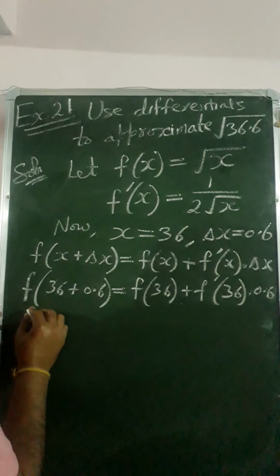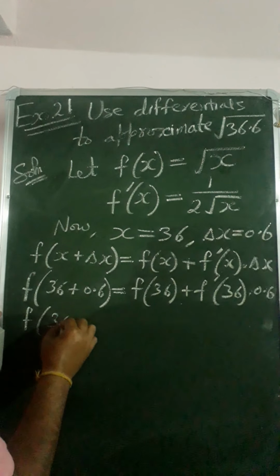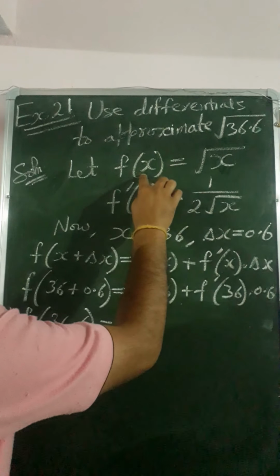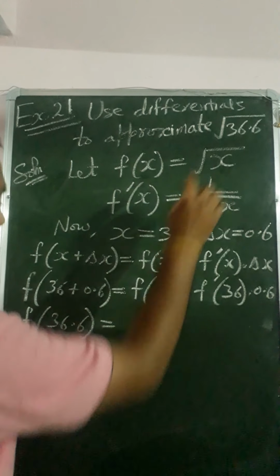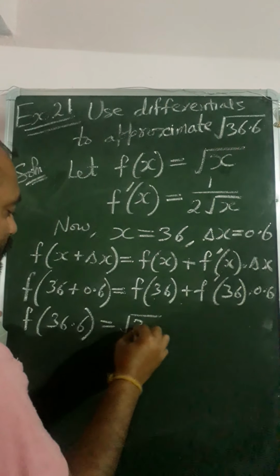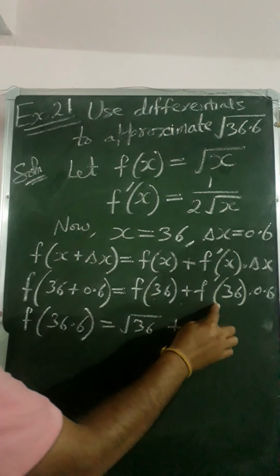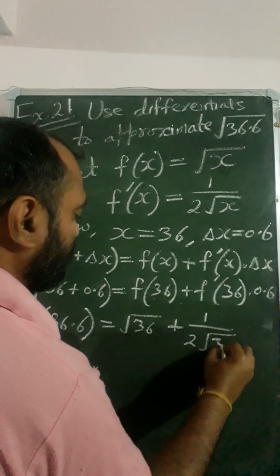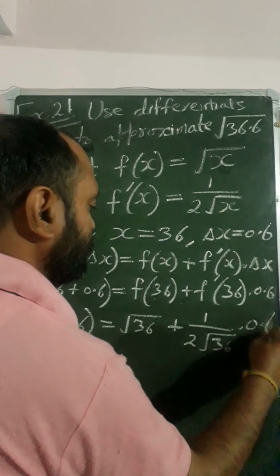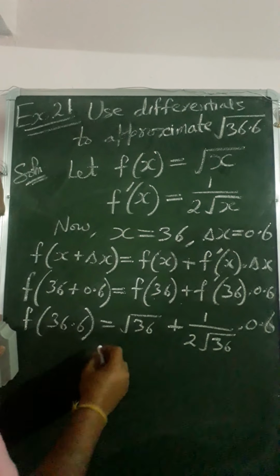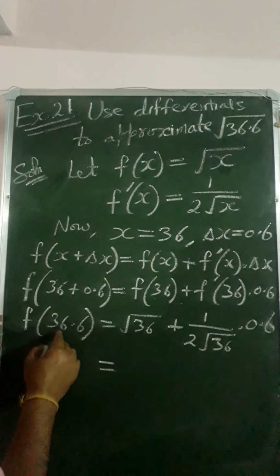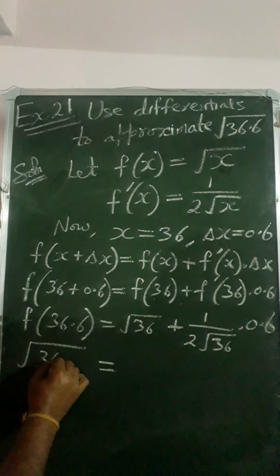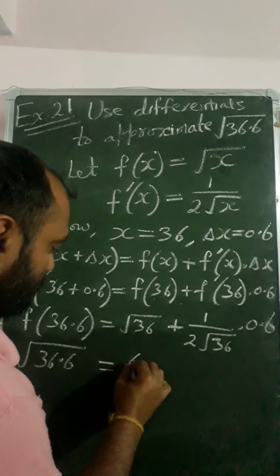Now this is f of 36.6, and what is f of 36? You put x equal to 36 here, so this is square root of 36. And what is f dash 36? We get 1 over 2 root 36 into 0.6. So f of 36.6 is root 36.6, and the root of 36 is 6.